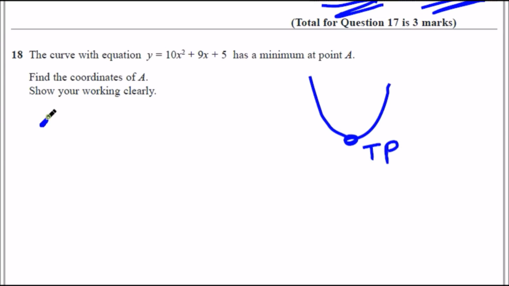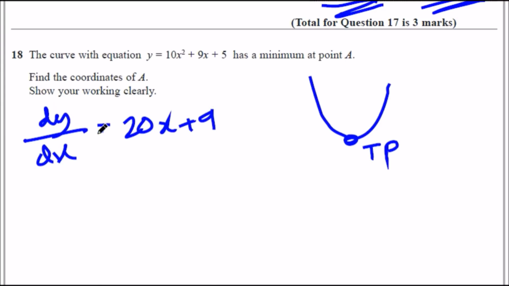Let's do it. So dy over dx. Differentiate this equation, we should get 20x. You drop the power down and multiply it, plus 9. Okay, so this is the derivative. The turning point occurs when the gradient is flat. Remember, the gradient needs to be flat. So this means that m must be 0, or dy over dx is 0.